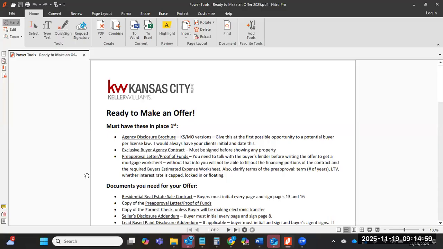But I also think you should send that seller's disclosure before you even make the appointment to show the property. There may be something on that seller's disclosure that will discourage the buyer from looking at that property. Some buyers won't look at a property if it's had any kind of foundation work on it.